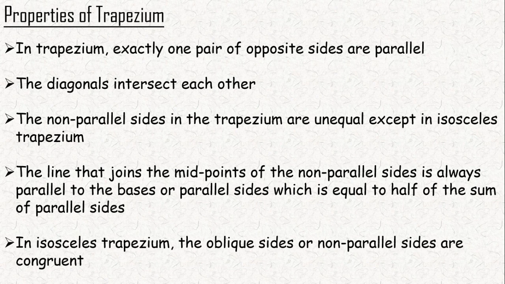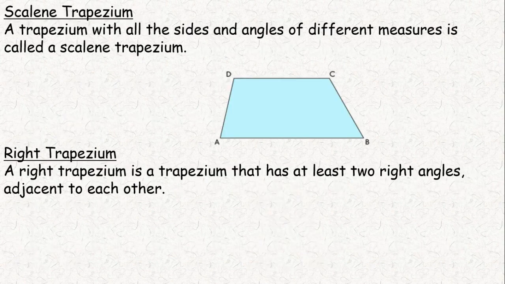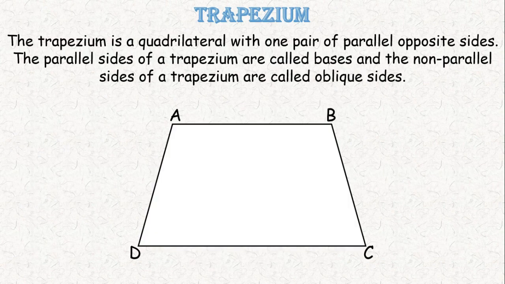Next, the line that joins the midpoints of non-parallel sides is always parallel to the bases, and is equal to half of the sum of parallel sides. Let me take this trapezium. The length of this midline will be the sum of these two over two.